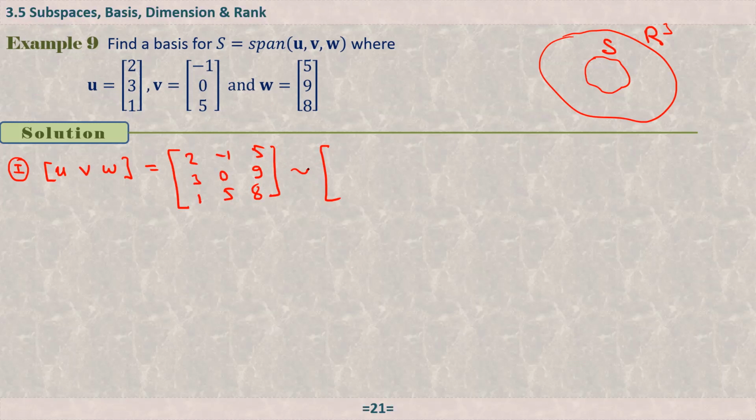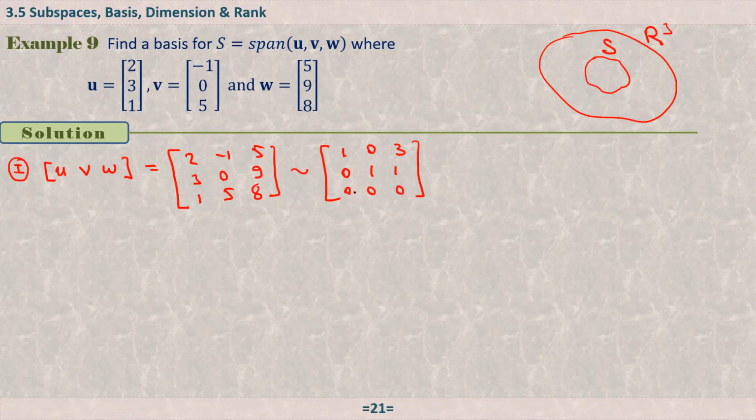Here we have 2, and I should multiply this by 1 over 2, or multiply by -1 over 2 and add it to the third row. Anyway, you know how to do that. By applying a bunch of elementary row operations, we can reduce this to this: 1 0 0, and 0 1 0, and here we have 3 1 0. That is the reduced row echelon form of this matrix.